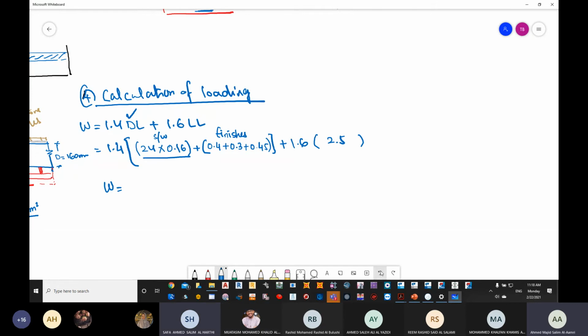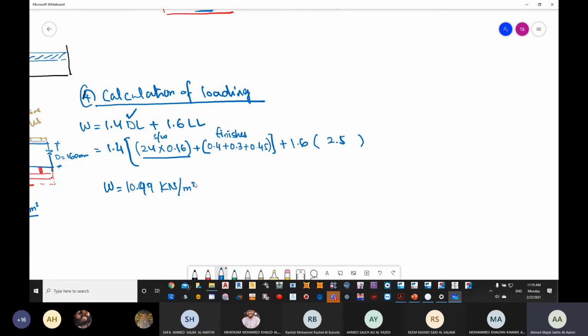Some say 25, 10.99, then there is 10.5 and there is 10.9. Okay, no problem. So it is 10.99 kilonewton per meter square.